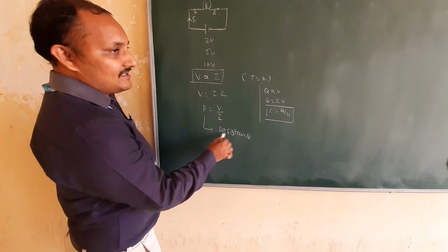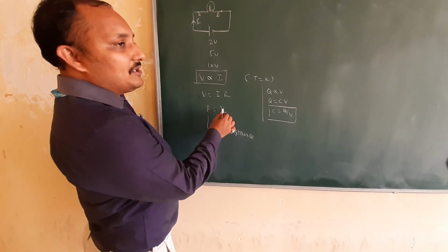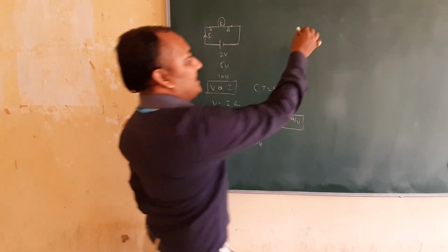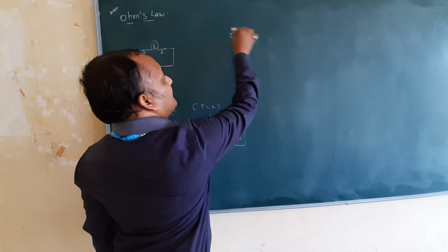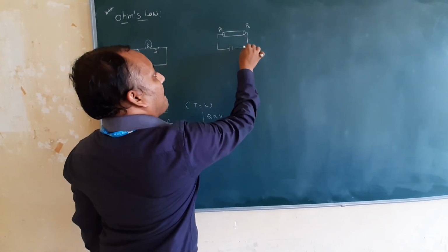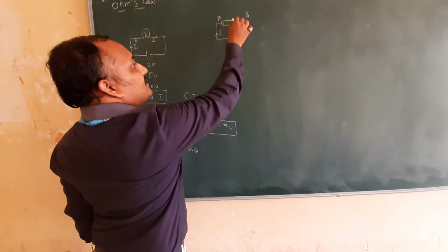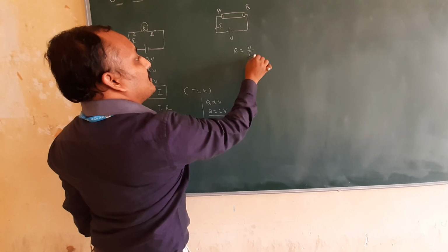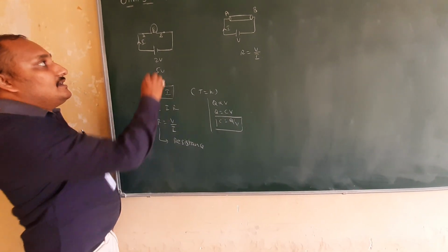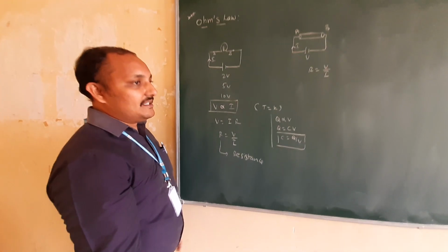What is this resistance? It is denoted by R. It is the ratio between potential difference and the current flowing through the conductor. Take one conductor AB. Whenever we connect it to a battery, some amount of current is going to pass. Then the resistance of this conductor is R equal to V by I. Resistance means the conductor opposes the flow of current.